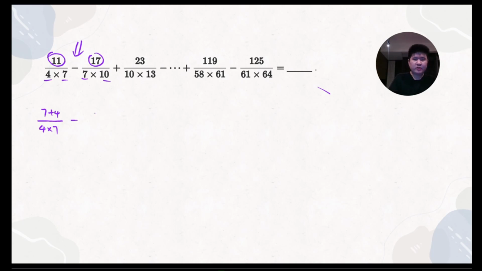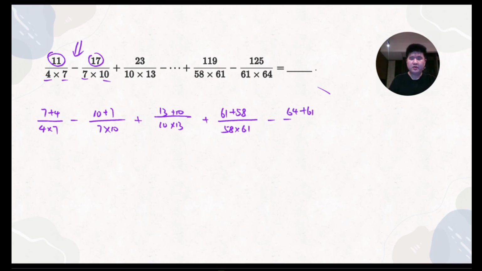17 equals 10 plus 7 over 7 times 10. And plus 23 is 13 plus 10 over 10 times 13. Keep doing that. 119 is 61 plus 58 over 58 times 61 minus 64 plus 61 over 61 times 64.